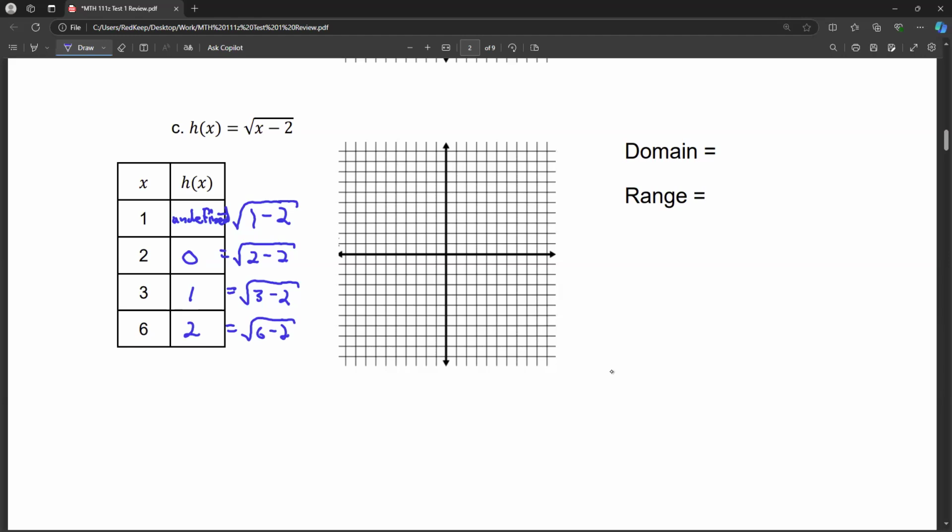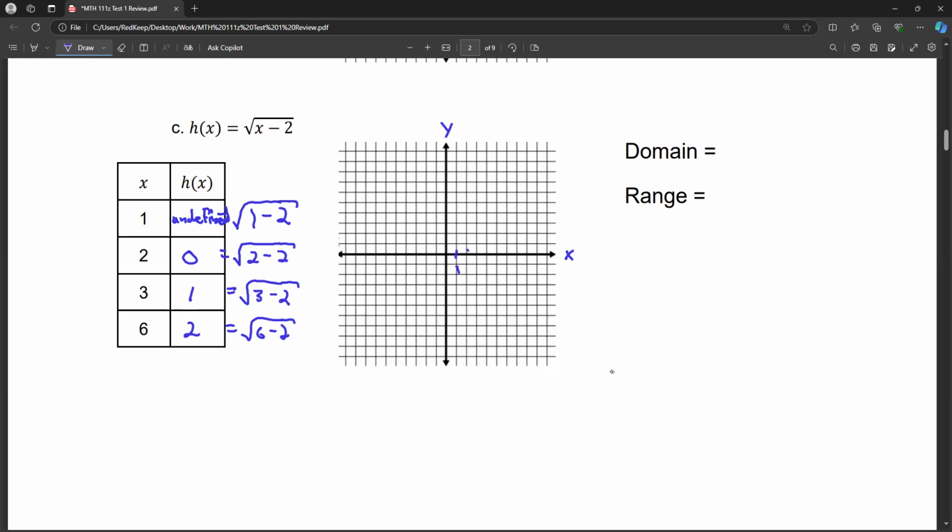Okay, so let's go ahead and see if we can plot this function. I don't think I'll be able to use every other or two tick marks equaling 1 on this one because we have an x value of 6. So let's just use every tick mark here equal to 1.